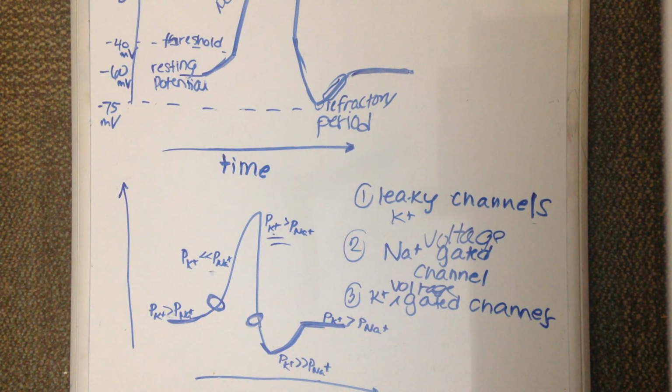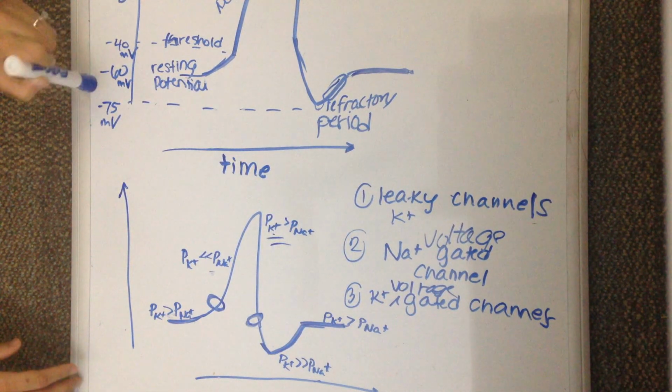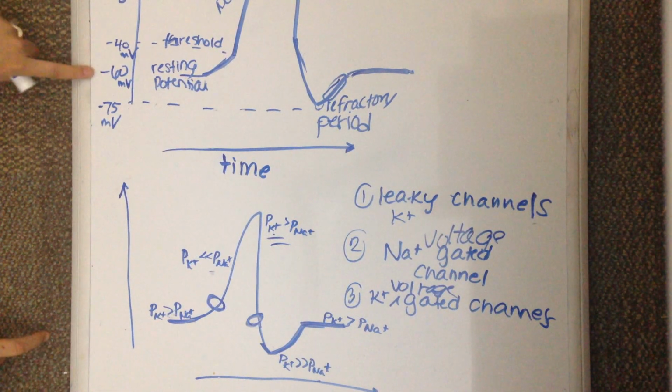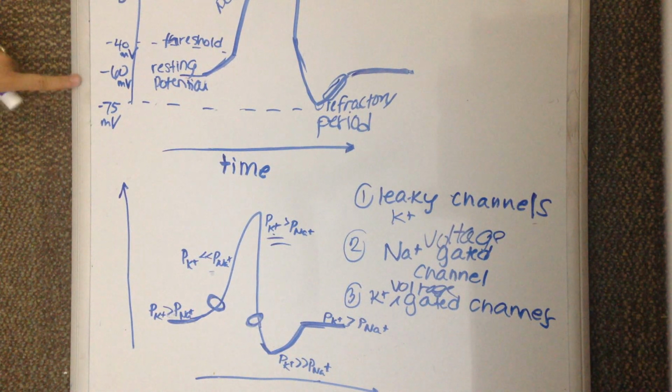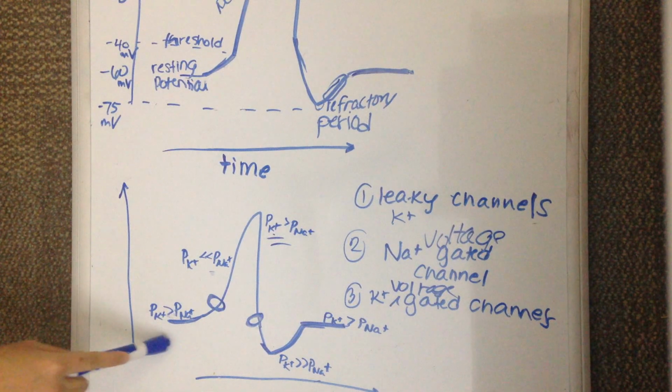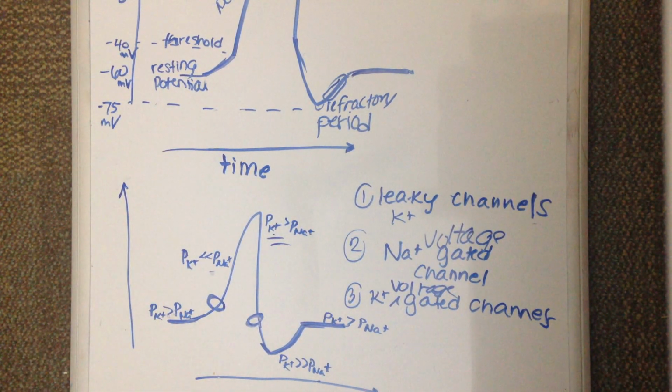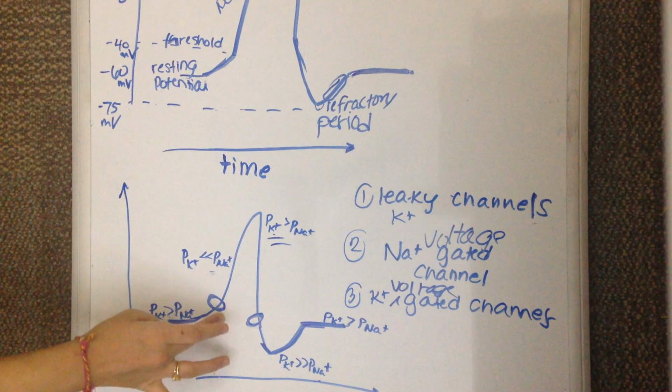Potassium is the most permeable ion in the cell, and that's why the Nernst potential of potassium is very similar to the resting potential of the cell, which makes sense of why we're over here at the resting potential. So in this action potential, you start out with the permeability of potassium channels being greater than the permeability of sodium.